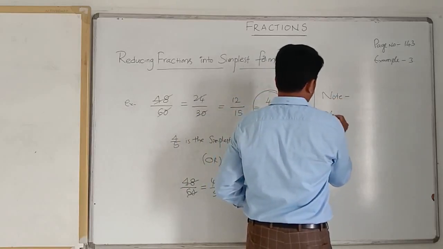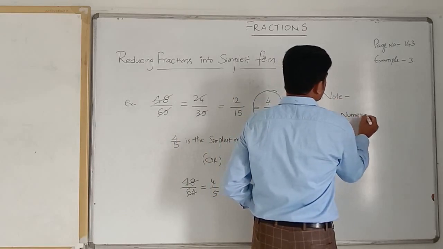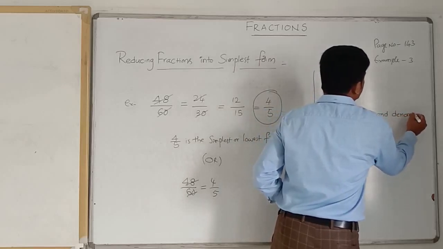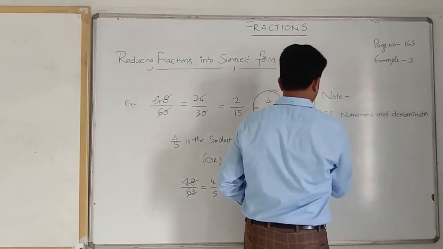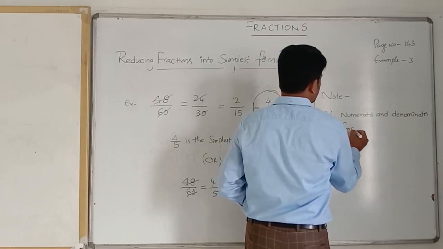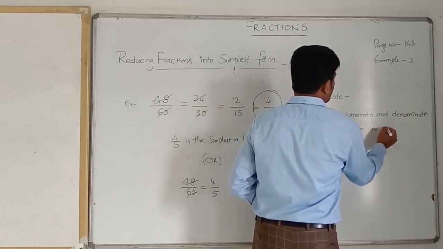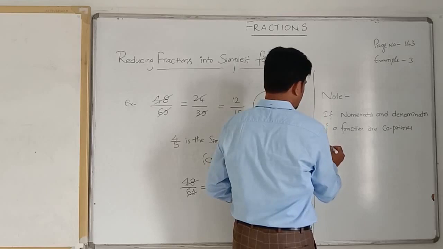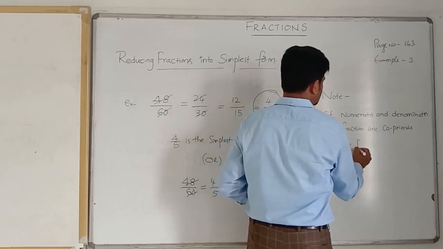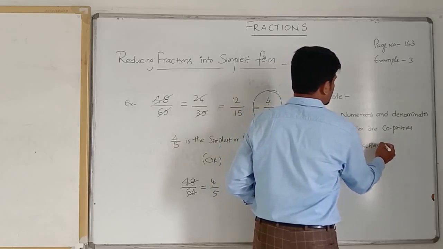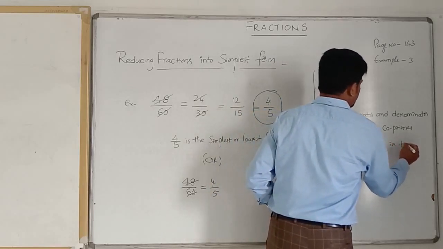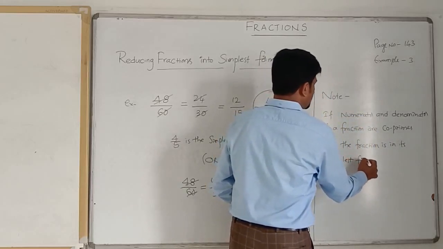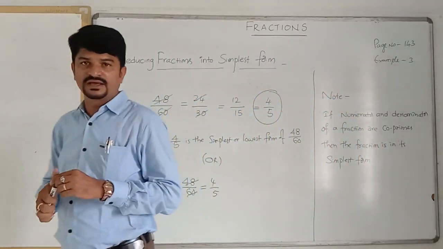If the numerator and denominator of a fraction are co-primes, then the fraction is in its simplest form. Okay, children? Clear?